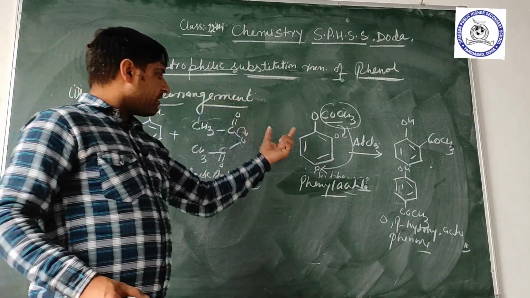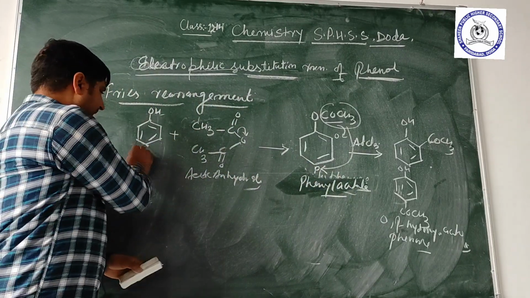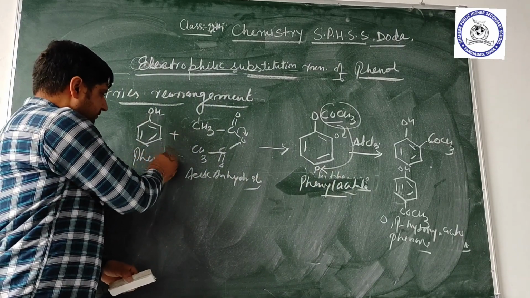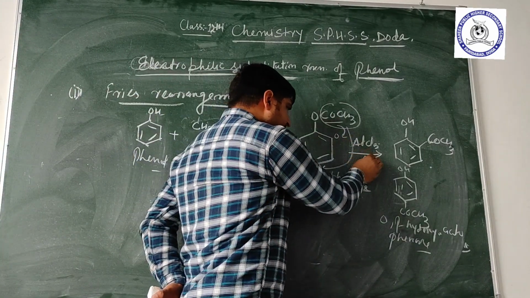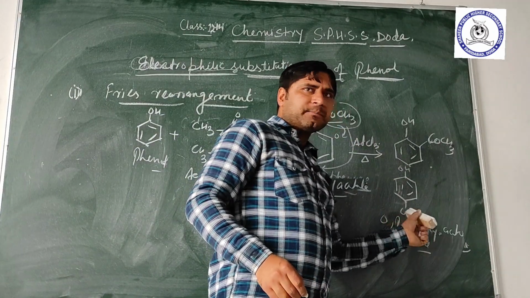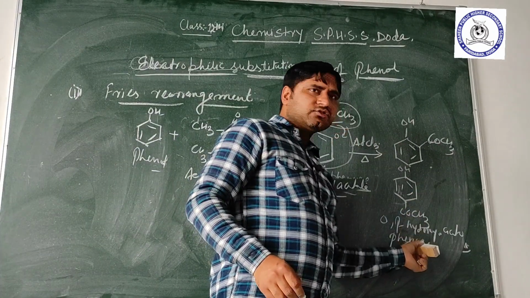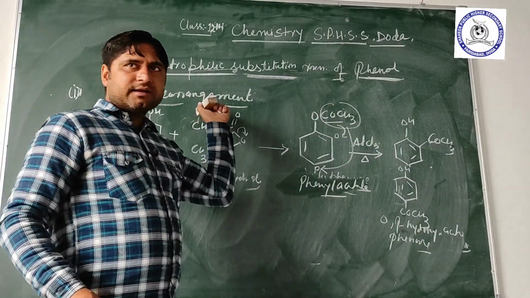How? This phenyl acetate is formed by reaction of phenol with acetic anhydride, which upon heating in presence of acid forms ortho or parahydroxy acetophenone, the rearrangement is called Fries rearrangement.